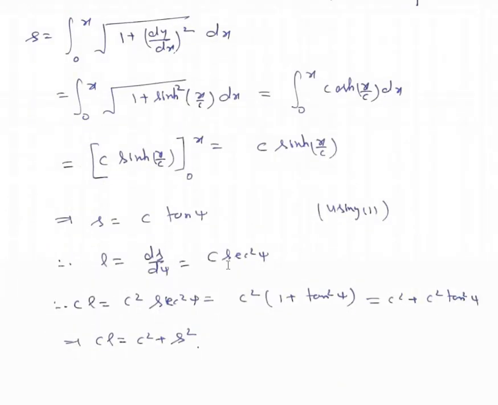So c into rho is c square into sec square psi, which can be written as c square into (1 plus tan square psi), which is c square plus c square tan square psi. Now c tan psi is s, so this is s square. So therefore c into rho is c square plus s square.